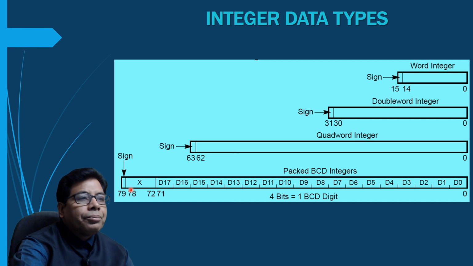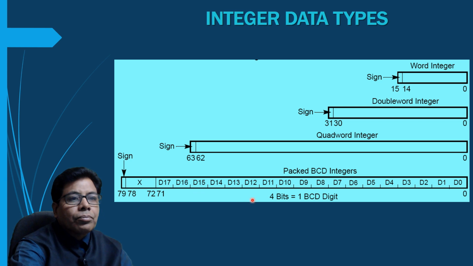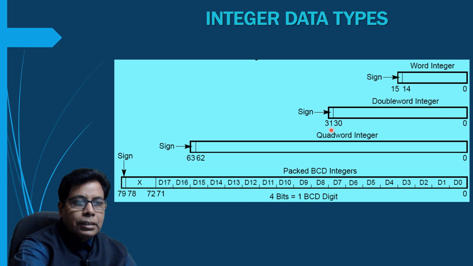So these are the 3 types of integer data types, and one more, that is packed BCD integer. That is 80 bits, and it will have D0 to D17, that is 18 4-bit BCD digits. So that will occupy 72 bits, and the rest of that will be the sign. So in this way, these are the integer data types.